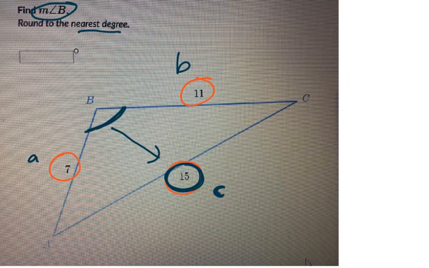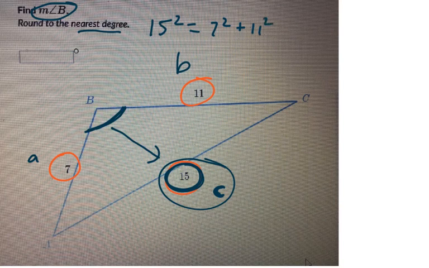So what do I know? I know that c squared, that's 15 squared now, right? C is 15, has to equal the A squared plus the B squared minus 2 times the A times the B times the cosine.